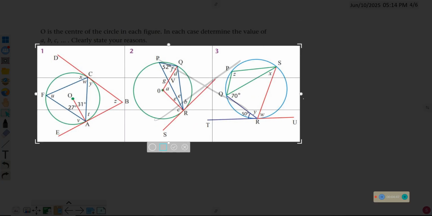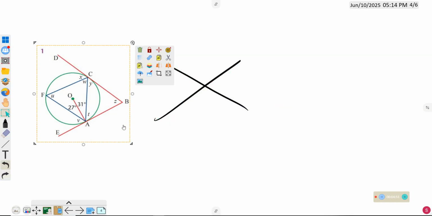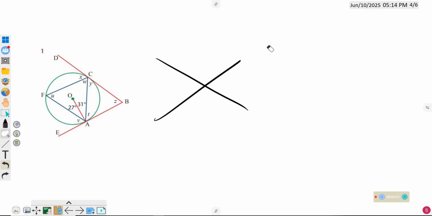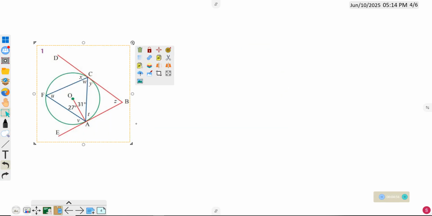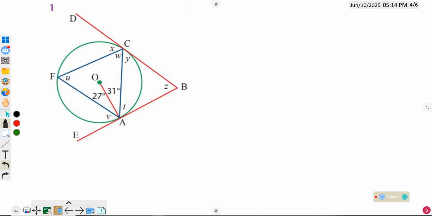This should go, that should go as well. Now what do we have? We should find T, U, V, W, X.